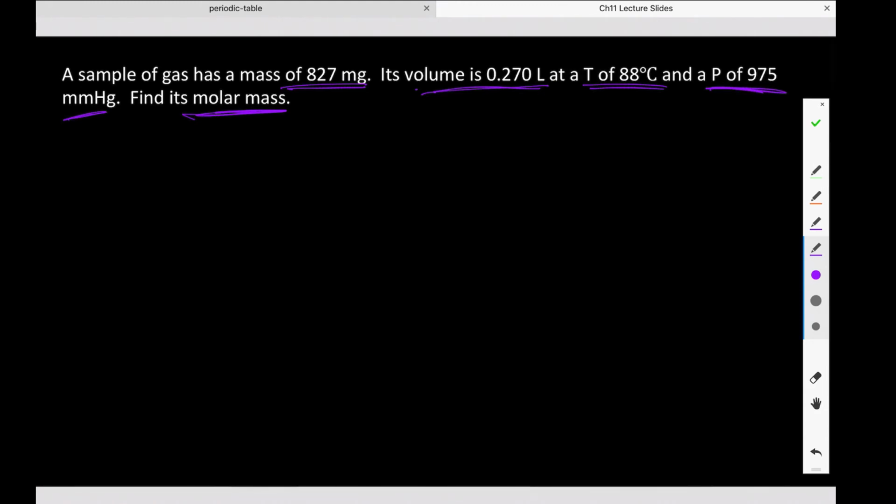Okay, so a sample of a gas has a mass of that. Let's say we wanted to employ that molar mass equation, because I would like to find molar mass, so that makes this one really convenient, right? So I need a density. What's density again? Mass over volume, right? So if I have 0.827 grams over 0.27 liters, that is density.